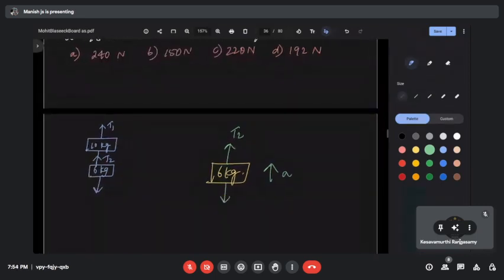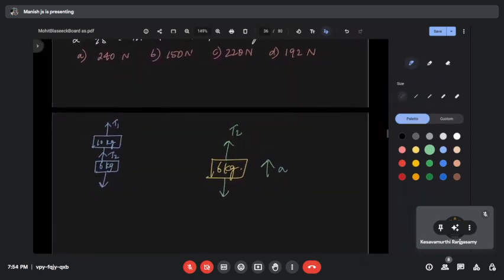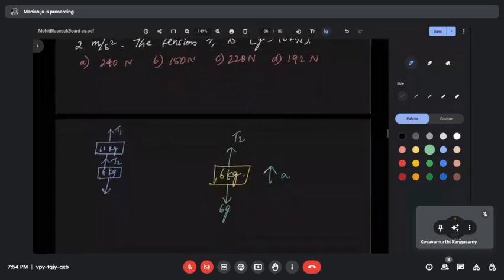Obviously the weight of the block, how much is that going to be? mg, 6 kg is given, so that will be 60. Okay, first you should draw this.